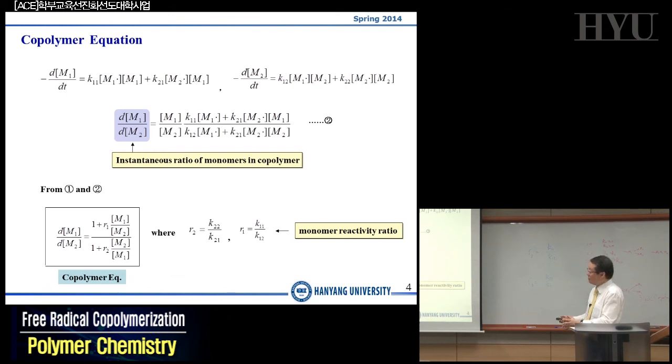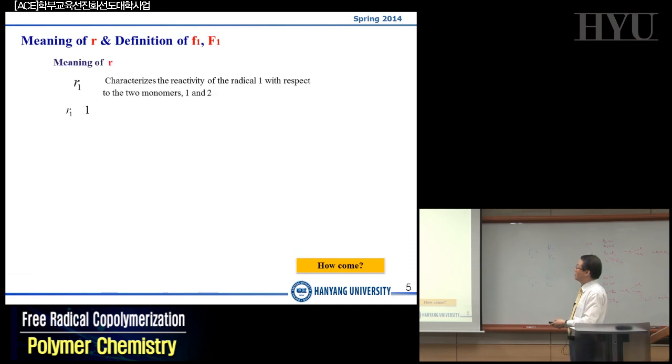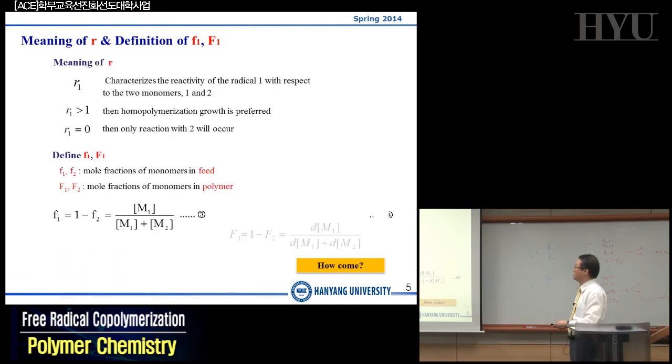Okay, so dm1 is equal to dm2, meaning that the number of monomer units M1 in the copolymer system is equal to the number of monomer units M2 in the copolymer systems, right? dm1 over dm2 is equal to 1 means dm1 is equal to dm2. So if you go back to your original copolymer equations, you can come up with the same.